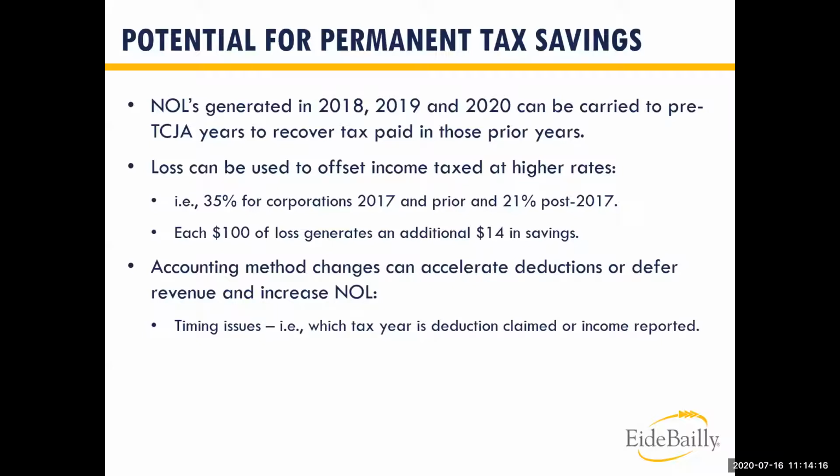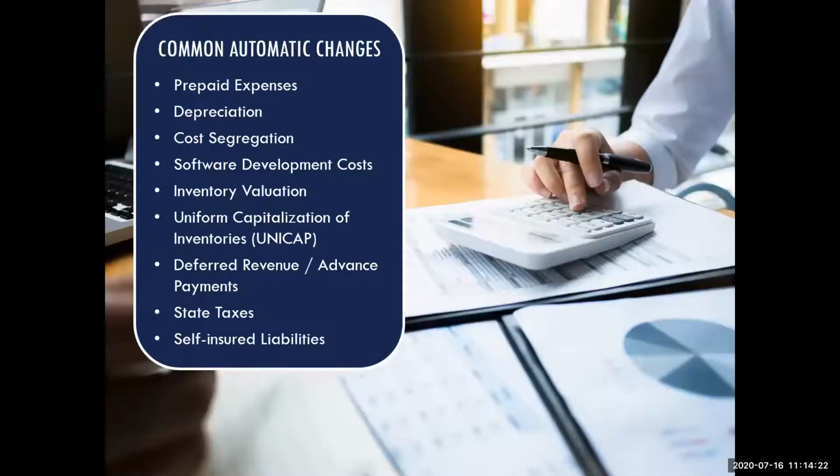One of the ways could be things like the depreciation rules we were just talking about, but also tax accounting method changes. And we've got a list here of some of the common automatic tax method changes that can help you to either create or increase an NOL available for carryback.